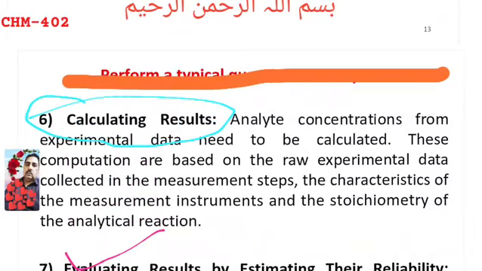These computations are based on the raw data collected in the measurement step, the characteristics of the measurement instrument, and the stoichiometry of the analytical reaction. This is calculating the result.